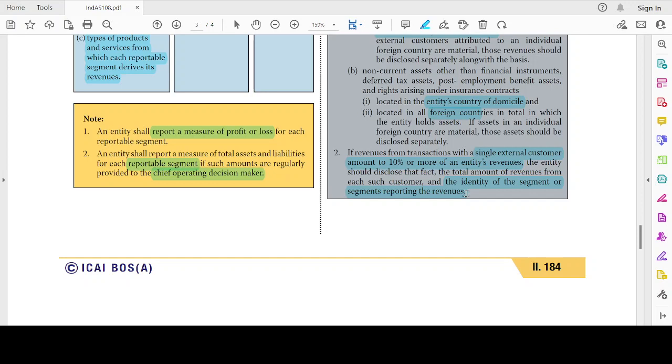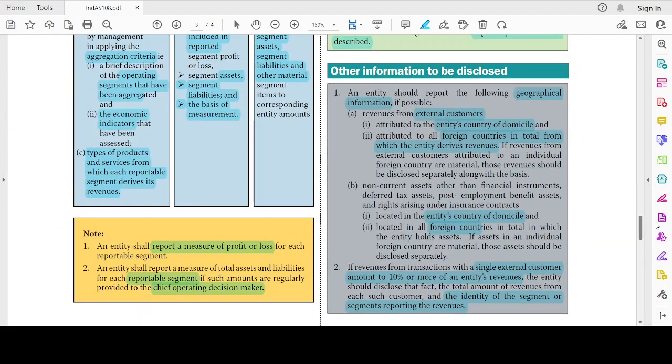Then I have to disclose that I'm selling goods worth 15% of my total revenue to this particular F Limited, and also the total amount of revenue in numbers, and identify which segment it belongs to, maybe a segment of FMCG. Okay, like that. This operating segment standard comes to an end.